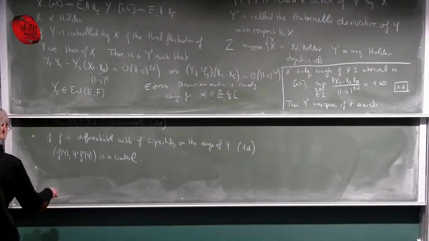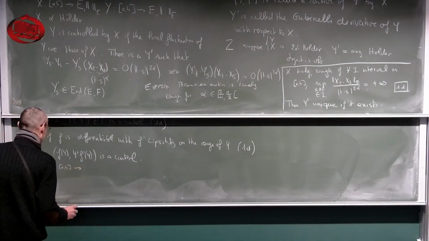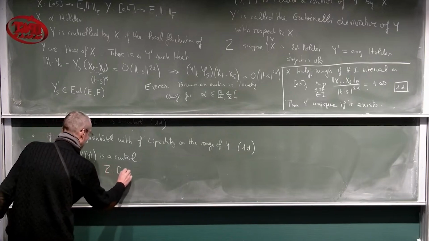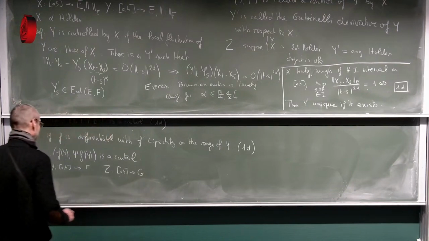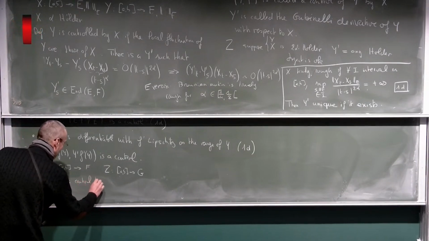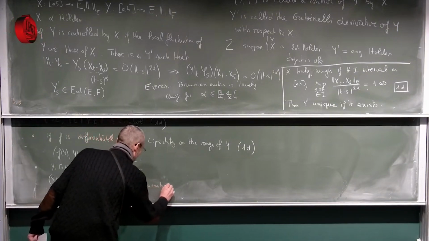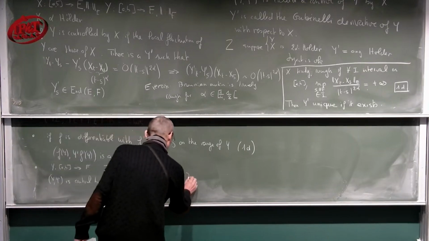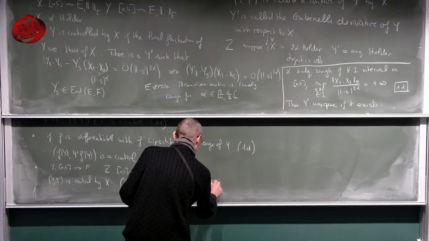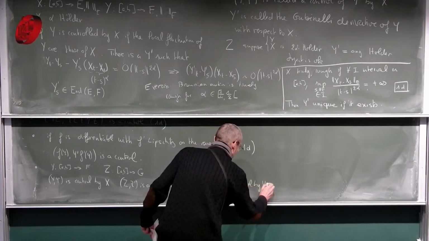So you imagine this time that y is from [a, b] to F, z is from [a, b] to a certain space G, and then you imagine that y prime is a control by x, and z prime is a control by y, and then the conclusion is that, properly understood, z prime y prime is a control by x.